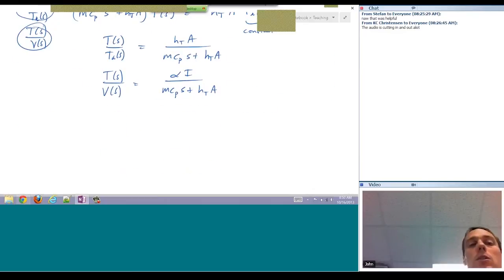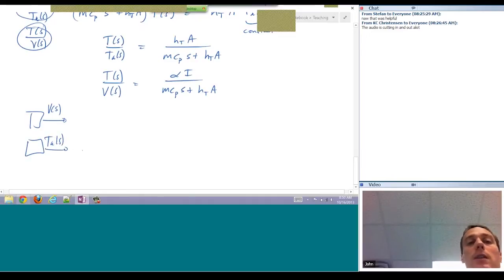So what you'd want to do if you're doing this in Simulink, you'd have a constant here. You have your V of S, and then you have your ambient air temperature, and then those would add together. Sorry, I need to do the transfer functions there.